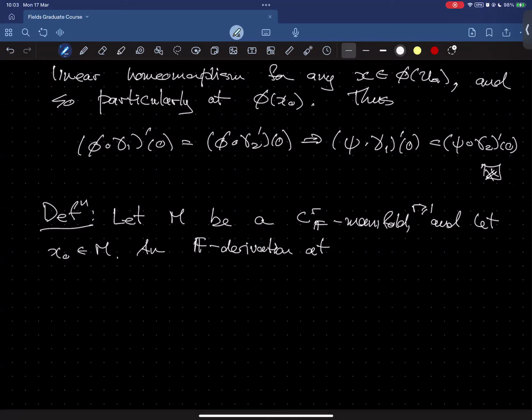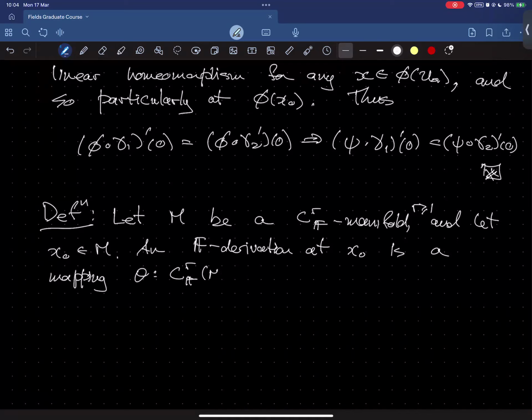We won't really see the full power of these ideas until we talk about vector fields, which hopefully we'll be able to talk about. A derivation at x naught is a mapping, I'll call it theta, and it maps the set of functions to R. And it has some properties.